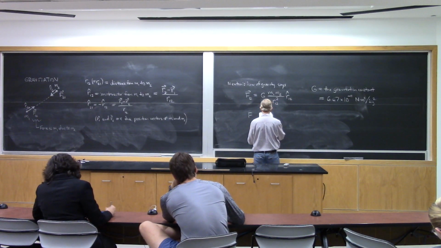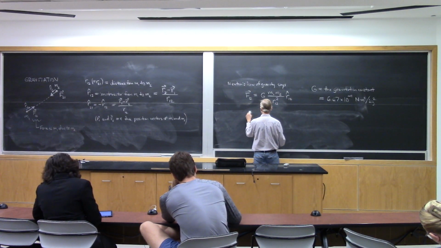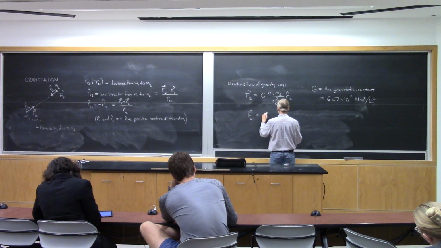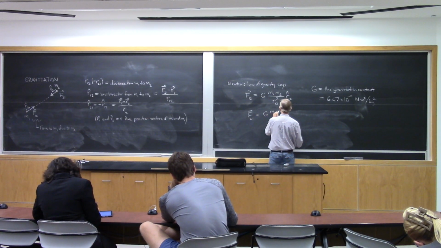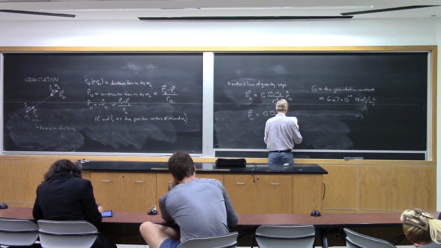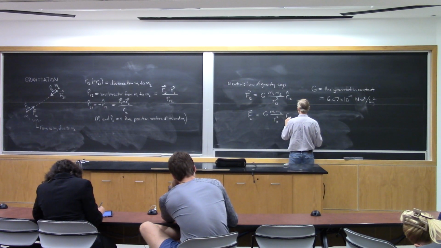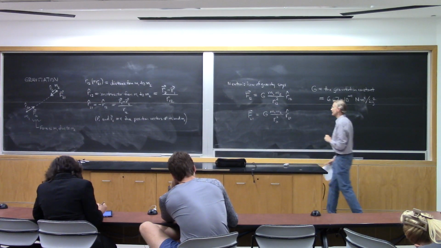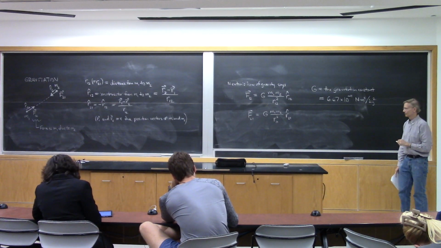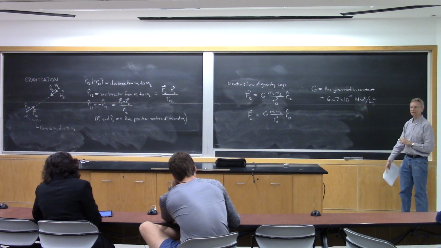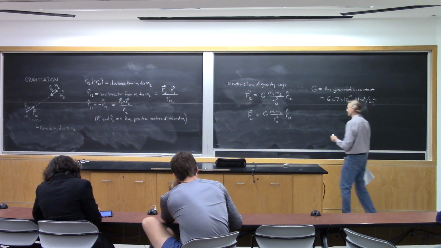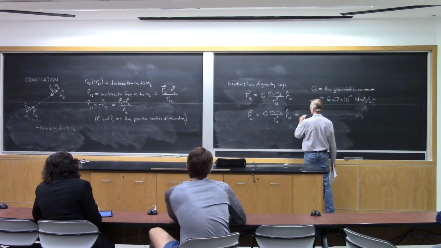And then F21 is G M1 M2 over R21 squared times R hat 21, but that's just minus F12, because R hat 12 and R hat 21 are equal and opposite unit vectors.